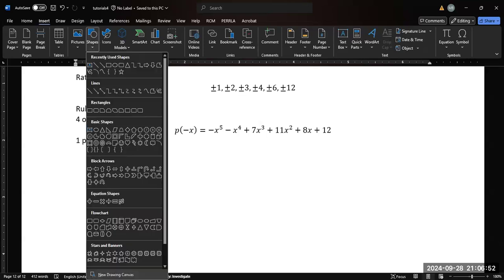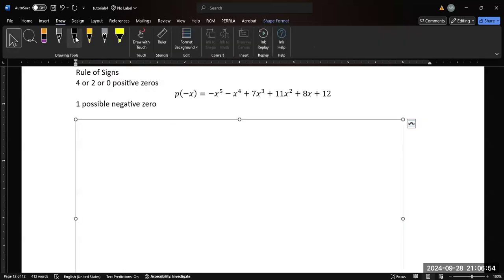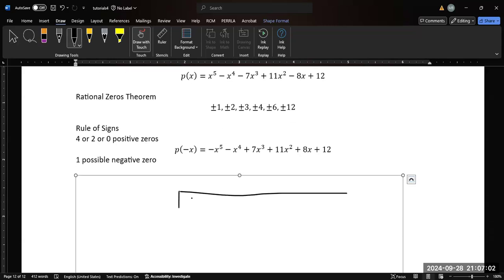So I'm going to insert a place to draw, and we're going to start with our coefficients of the original polynomial, 1, negative 1, negative 7, 11, negative 8, and 12. And if I start with 1, then the factor would be x minus 1, and the zero would be 1.